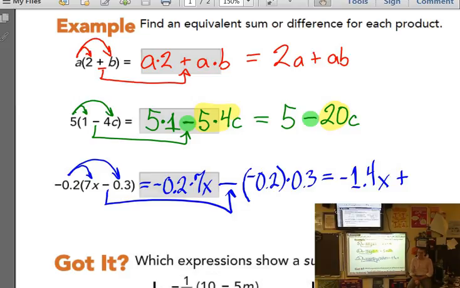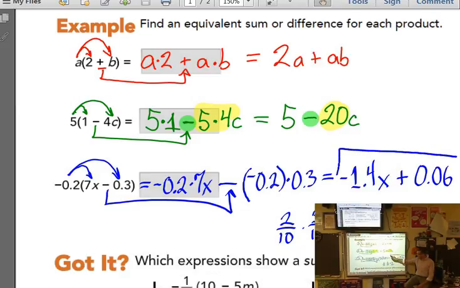Wouldn't it be 6? Yeah. When we multiply straight across the top, straight across the bottom, we get 600ths. So this becomes 0.06. We cannot combine these. We are stuck. We are done.